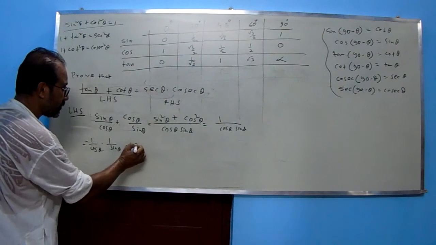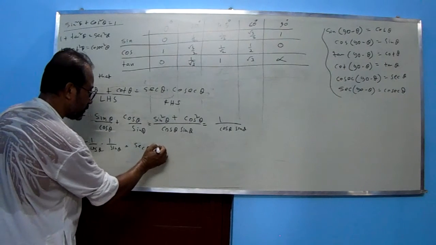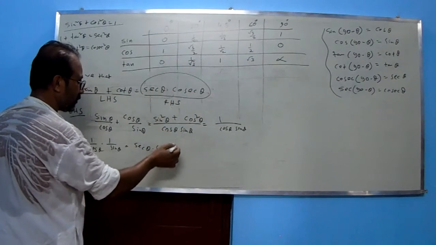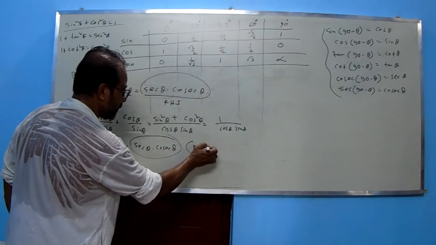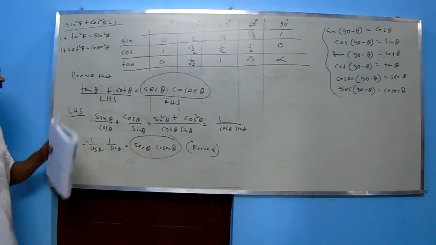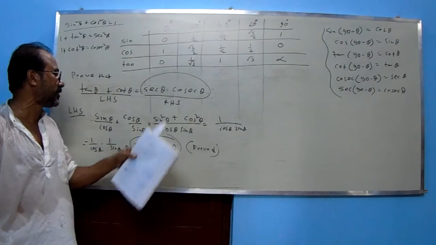So 1 by cos is sec theta, and 1 by sine is cosec theta. This is the RHS, sec and cosec. Therefore, within brackets you write proved. So tan theta plus cot theta is proved as sec theta into cosec theta.